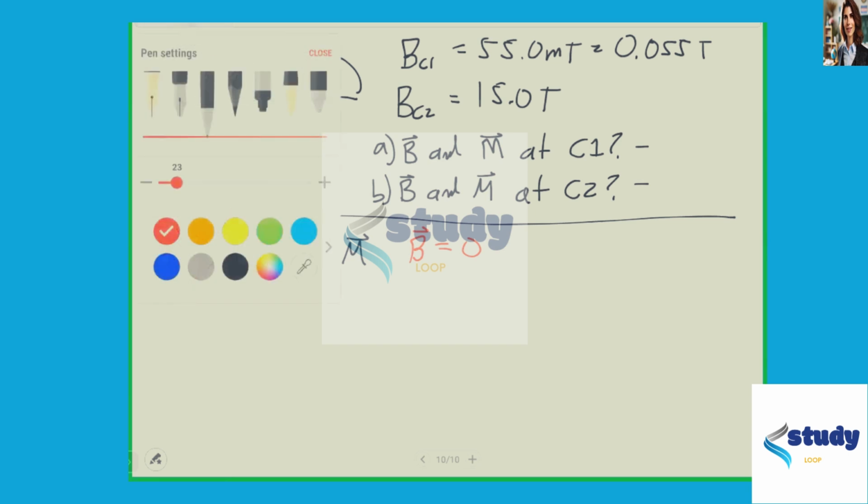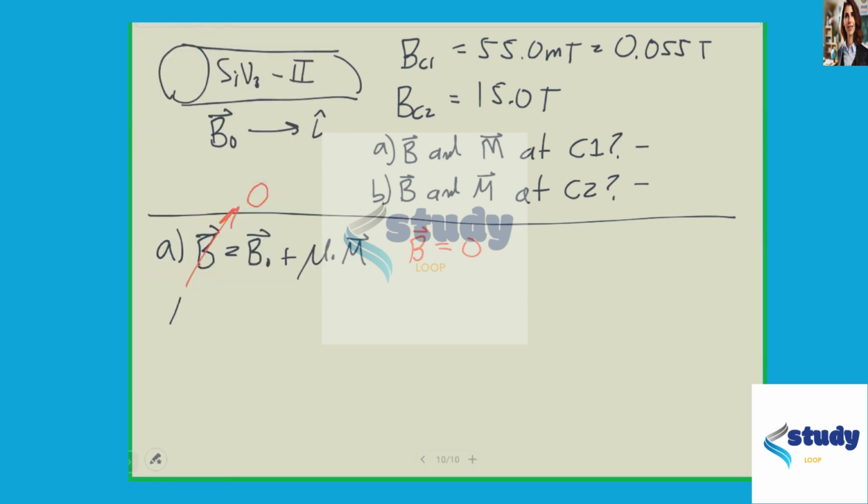So if that's 0, what that means is that the magnetization is minus B0 over mu naught. Now B0 is exactly this magnetic field, right? It's the magnetic field of the first critical magnetic field.